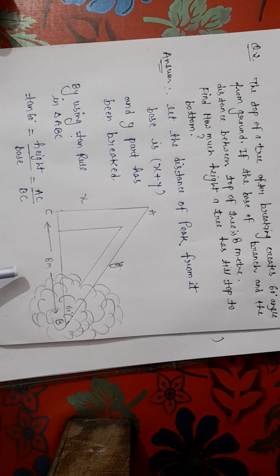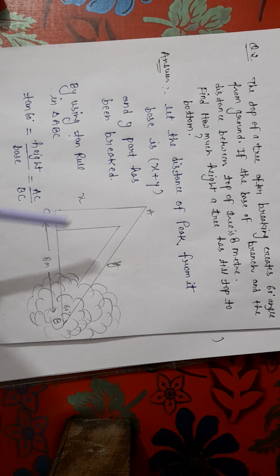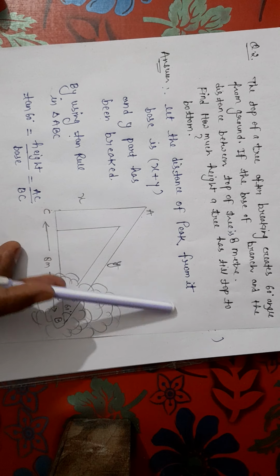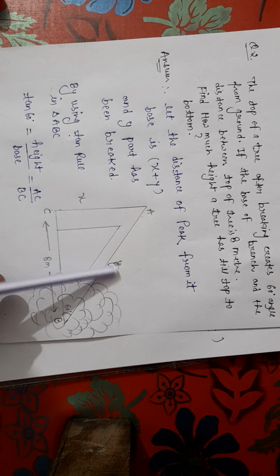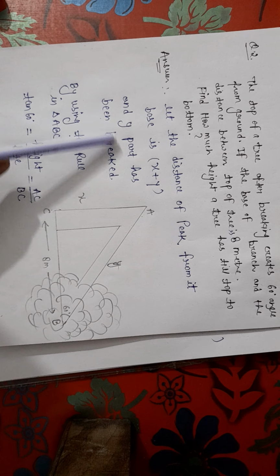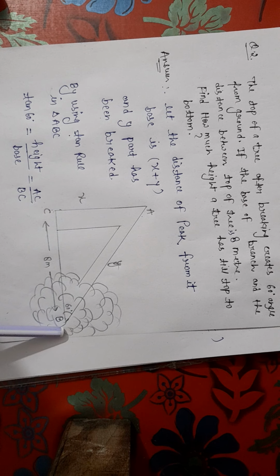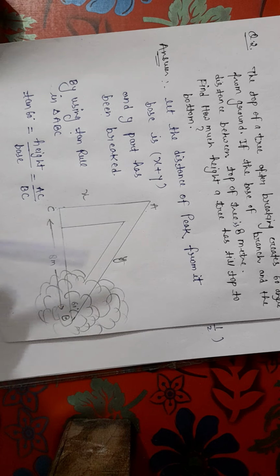So we construct a diagram here. Let the distance of the peak from its base be x plus y, and the tree has been broken from point A. First we will use the tan rule in triangle ABC. So tan 60 equals height upon base, AC upon BC.